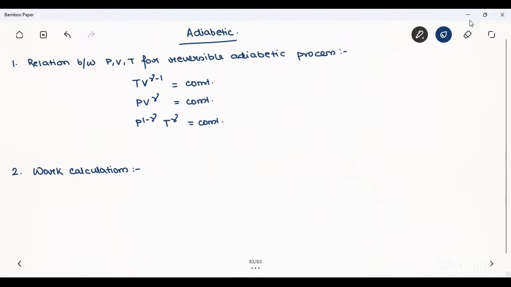So what I told, you have to calculate final or initial temperature before calculating work done.